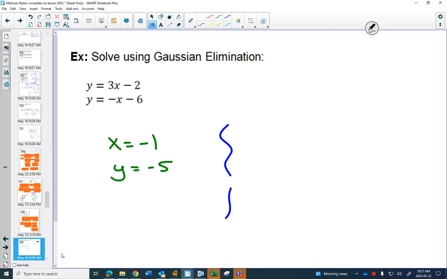Here's your setup. First of all, rewrite these equations. So I have my answers matrix by itself.